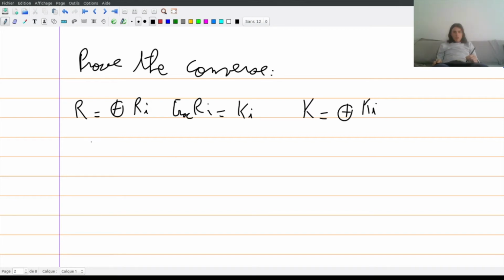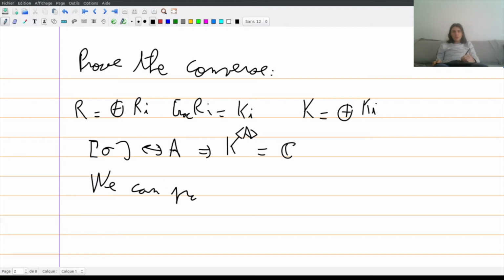And so since sigma corresponds to A, it means that if you consider the subfield of K invariant under A, it's the field of constants, so it means that it's just C. And in fact, we can prove, but it's not a trivial fact, that the same holds for the Zariski closure.